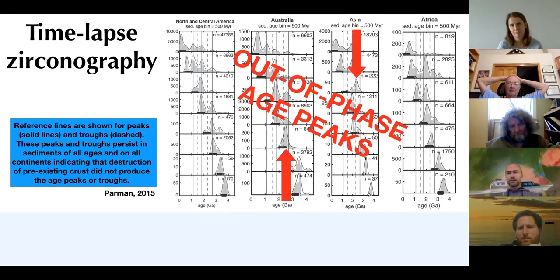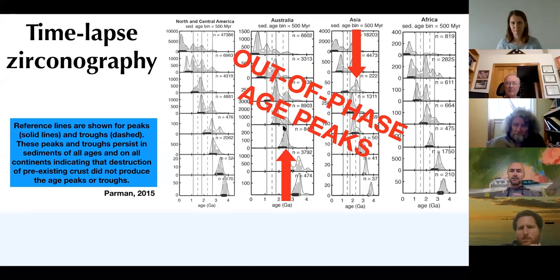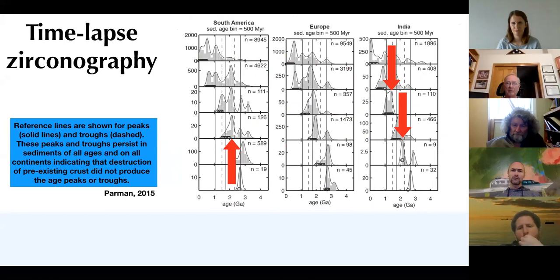But there were a few things that kind of popped out to me, and so in particular, looking at this age peak here in Asia and this age peak here in Australia, that seemed to be out of phase. Even though the overarching pattern shows that the peaks and troughs stay constant through time, there were some out of phase age peaks, and then looking at a few others in South America and India.